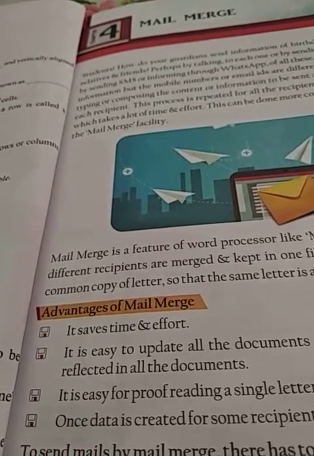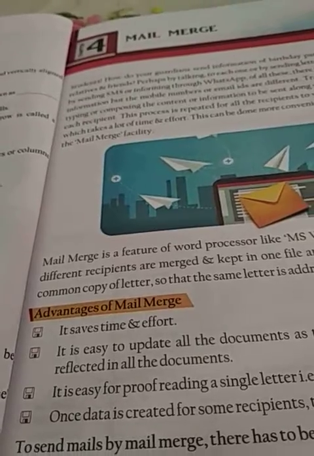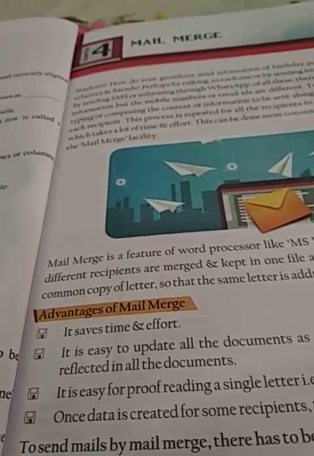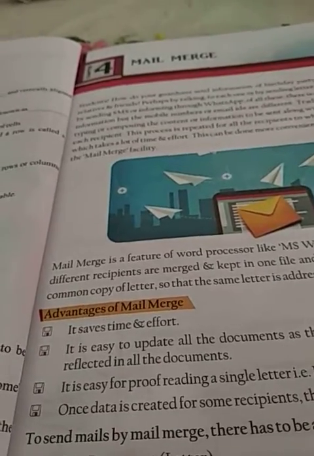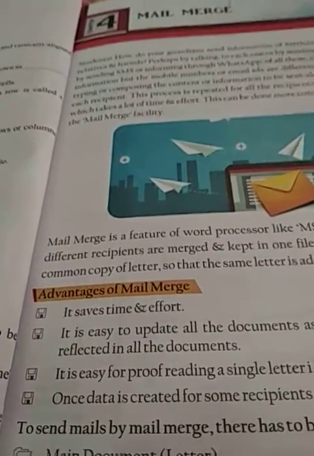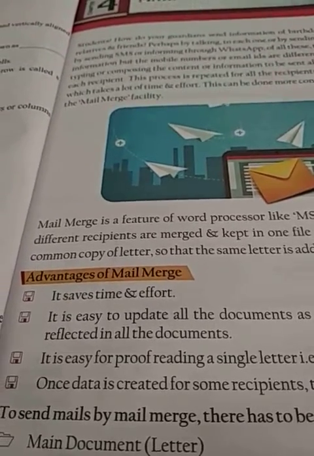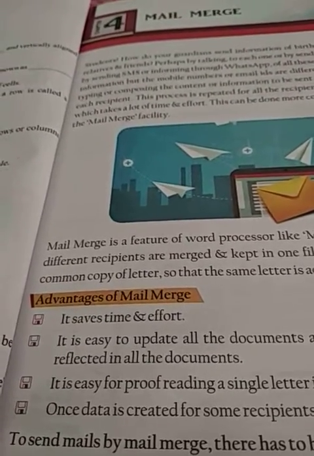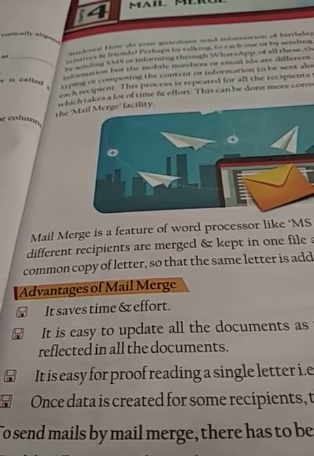So if I write 100 letters, I will have to check 100 letters again and again. But if I write the main document at one place, then we will have to check it at one place only.